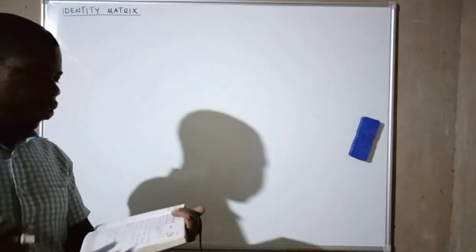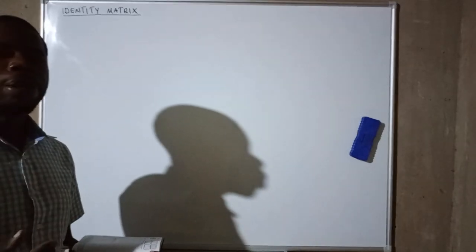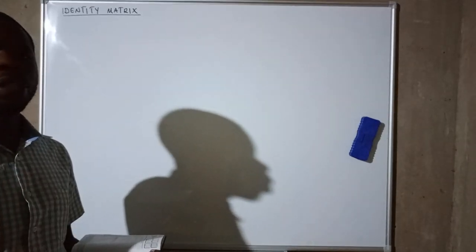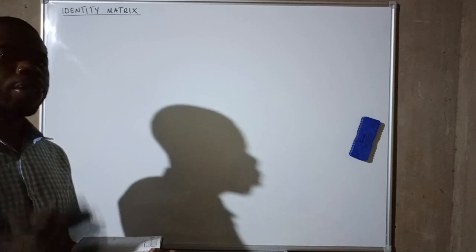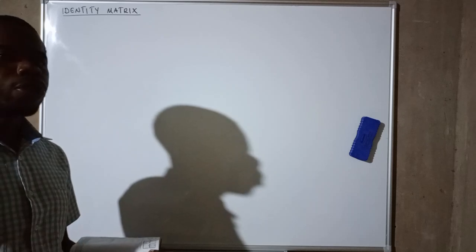So it's very, very important that you know what an identity matrix is. So I will maybe explain just. So an identity matrix is a square matrix in which the major diagonals are ones and then others are zeros.